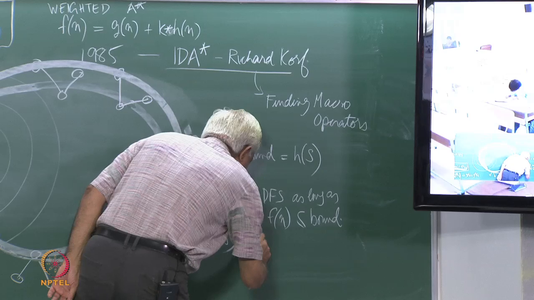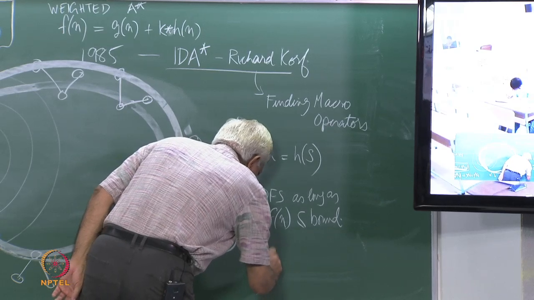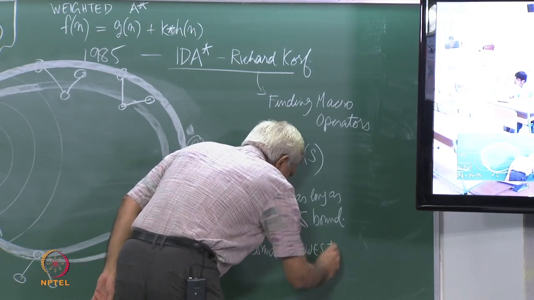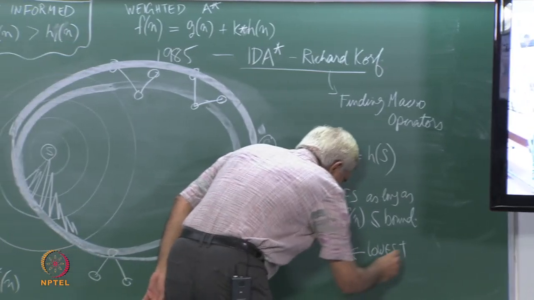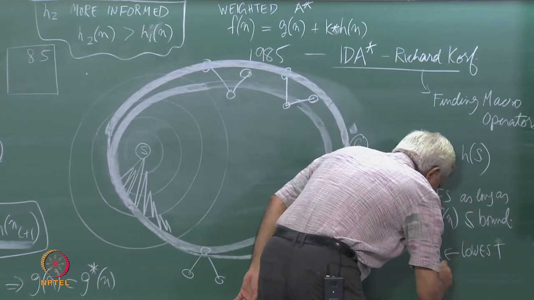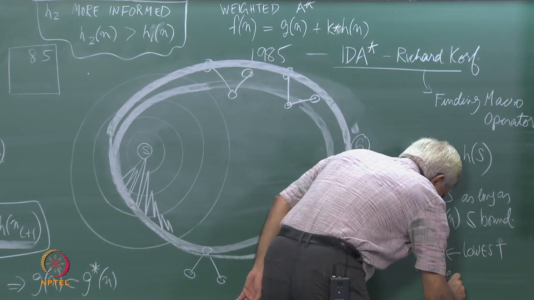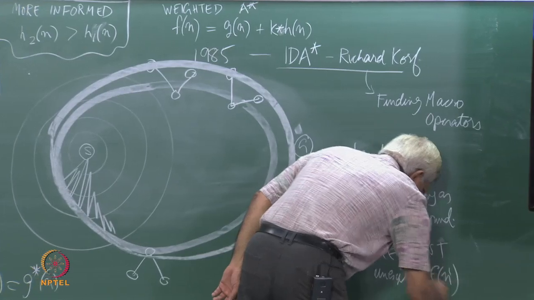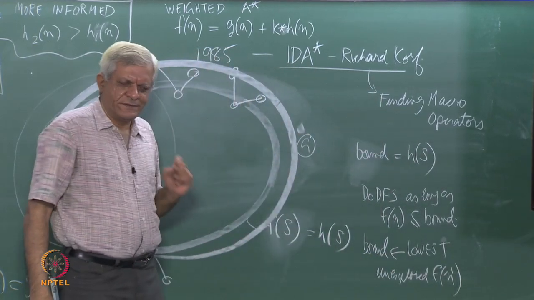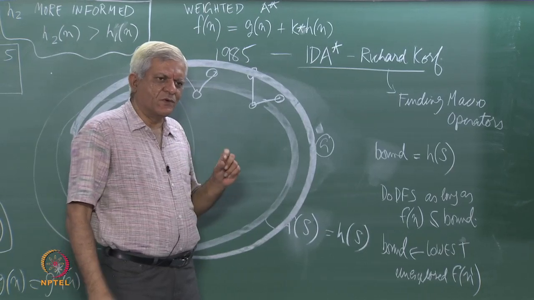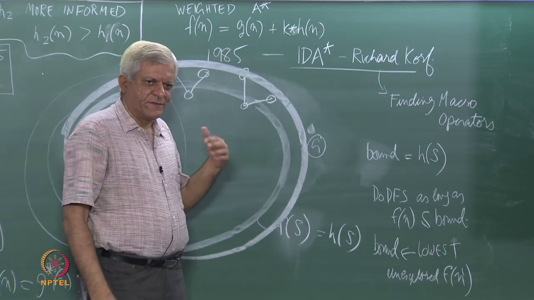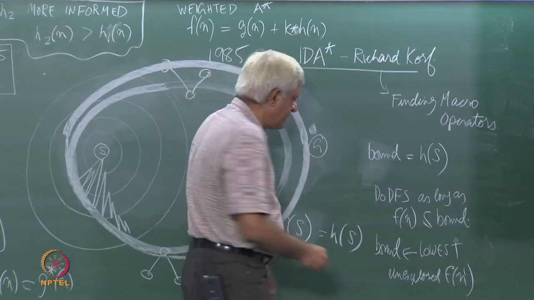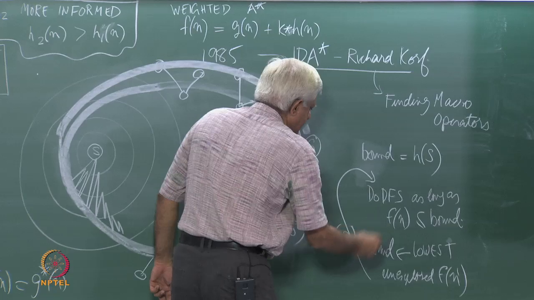So, it increments the bound to the lowest f value of a node which it has not picked, which means it is beyond the boundary, and then puts this into a loop essentially.